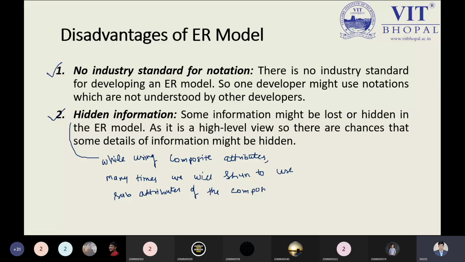We are assuming, okay, this address, but while designing a database, we have to write the pin code, area, state. While designing the ER model, we keep the relationship in mind.